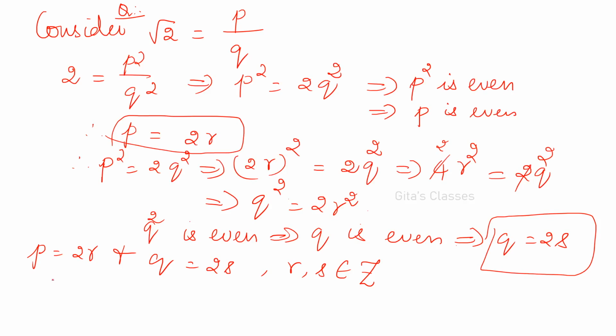By seeing this, what can you observe? This is 2r, this is also 2 into s. So 2 is a common factor of p and q, right? So p and q have common factor 2.